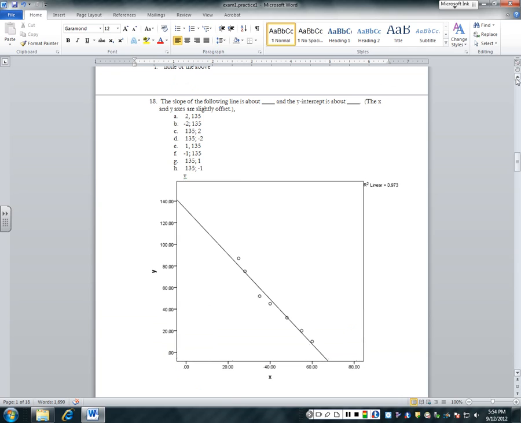How's that for a multiple choice? Okay, so in this question, we're just given a line really here, and we want to visually determine the slope and the Y-intercept.